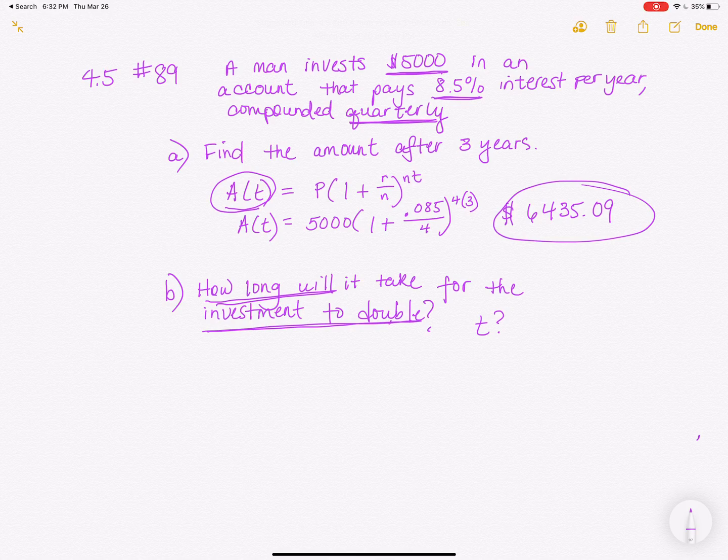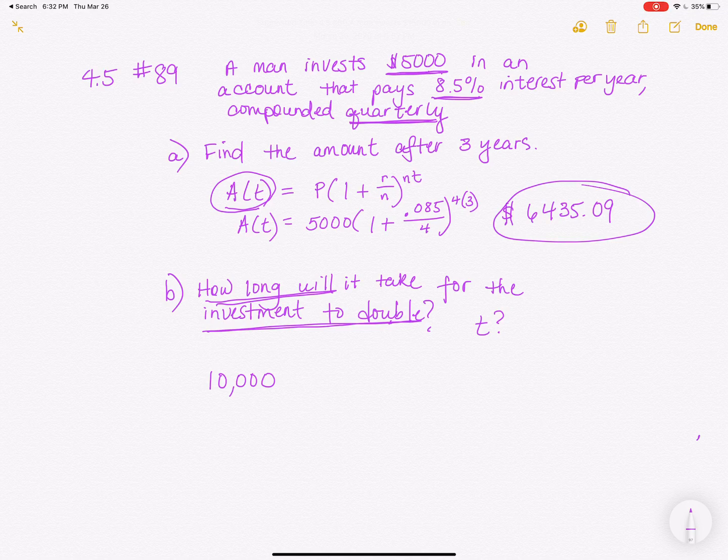So if I'm doubling in this particular problem, if I started off with $5,000 and I'm doubling that, that means after a certain amount of time, I'm going to have $10,000. All right, that's just doubling the 5,000. If it said triple it, then I would have had $15,000. That's what I would be looking for.